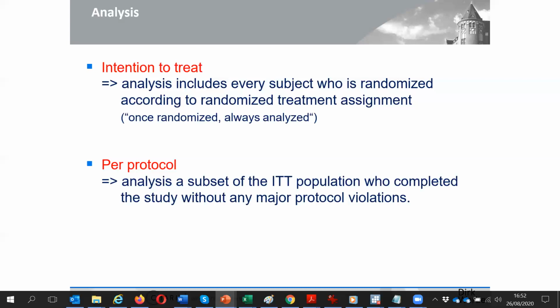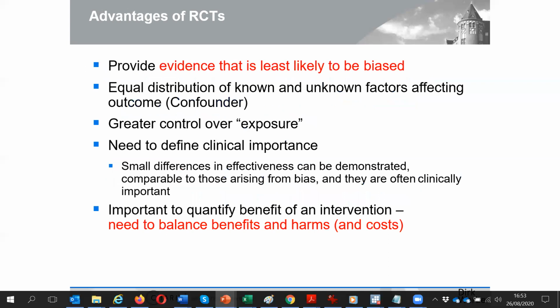Then for per protocol, you are analyzed based on what you actually get. You can read these things in detail, but just understand these words. You might hear them said, intention to treat or per protocol, and what is the meaning of these words.